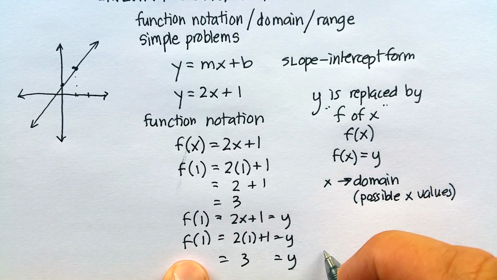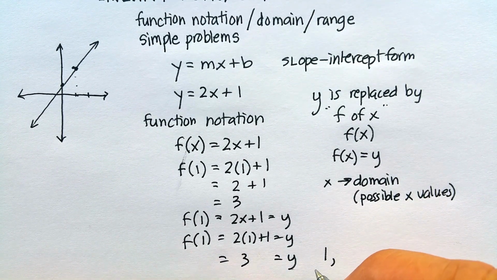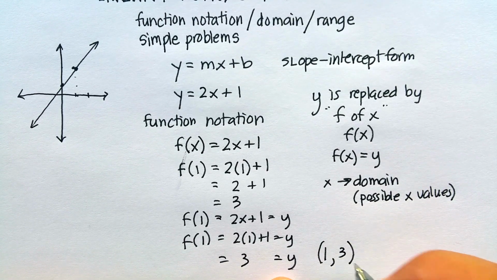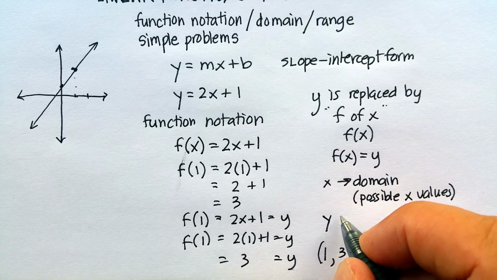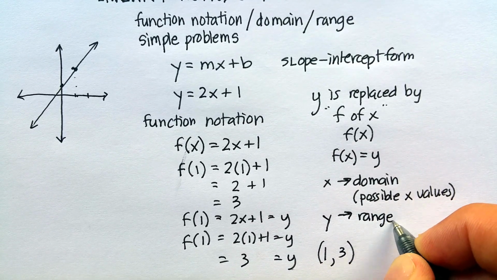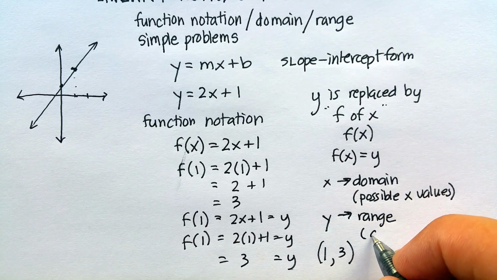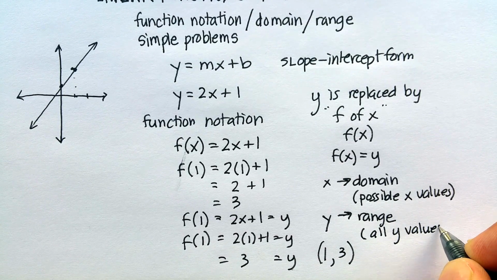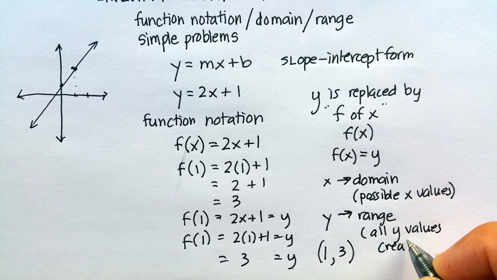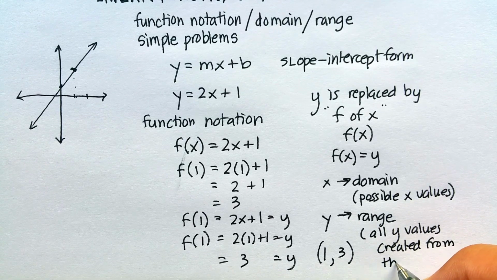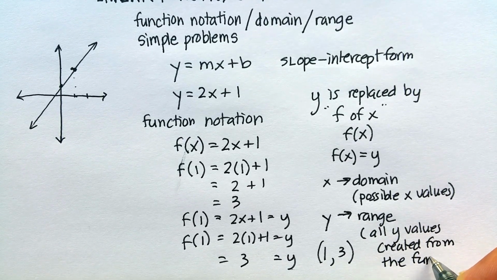So f of 1, my x value, produces my y value, which is 3. The y value is called the range. And that would be all y values created from the function.